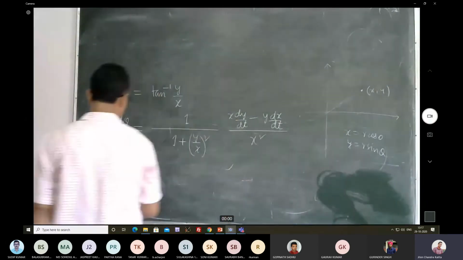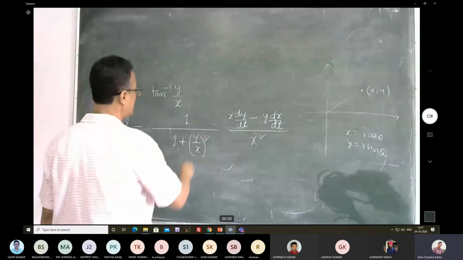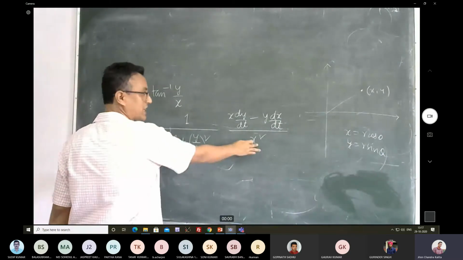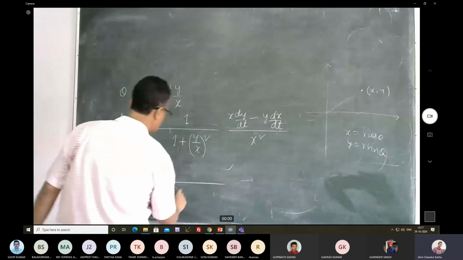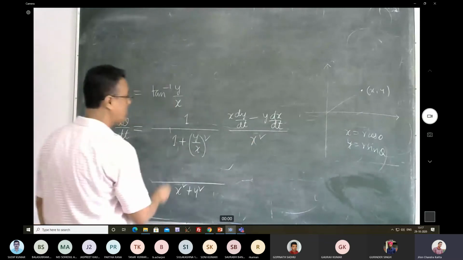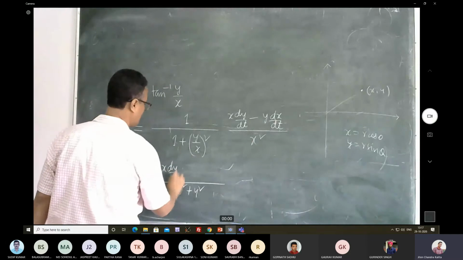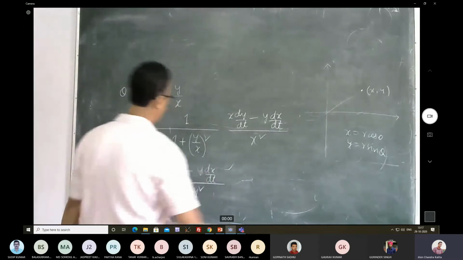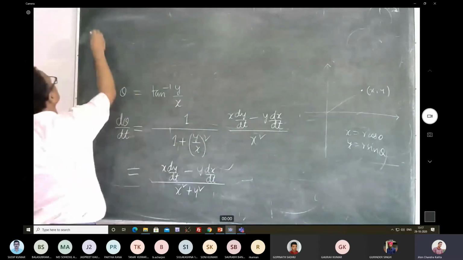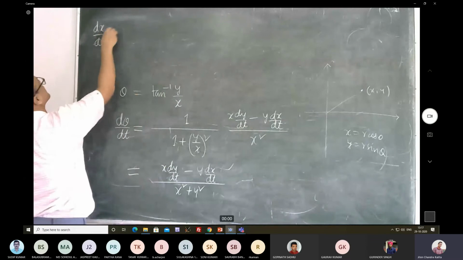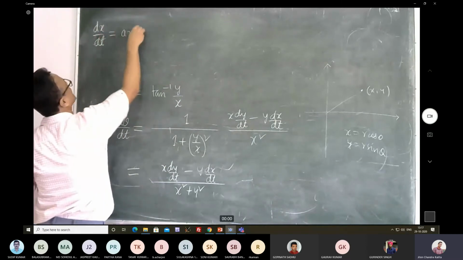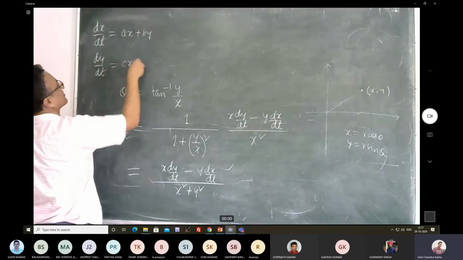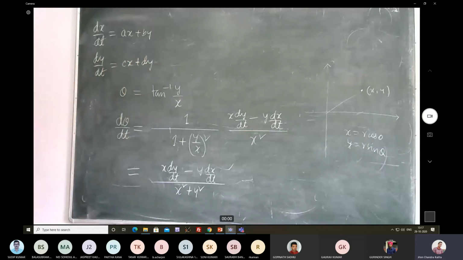Fine. So this is going to be x squared plus y squared, and on the top, the numerator x squared will cancel out with this. Now remember, my system of equations, I have taken it to be something like this.